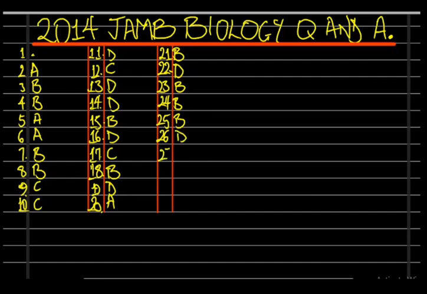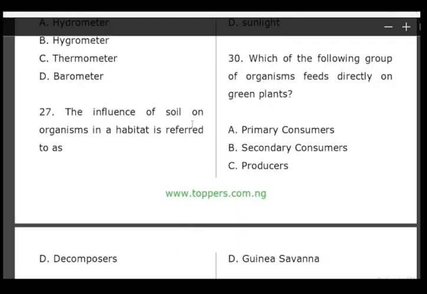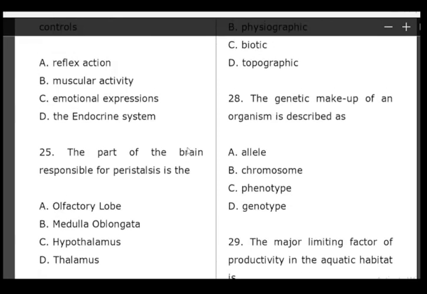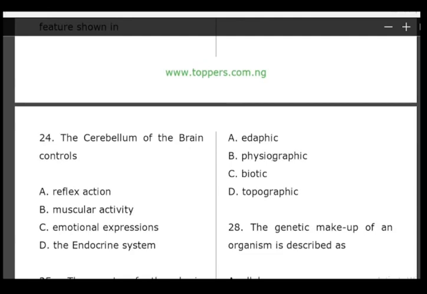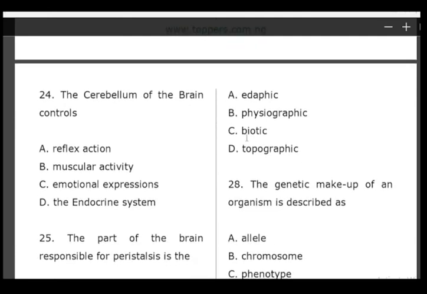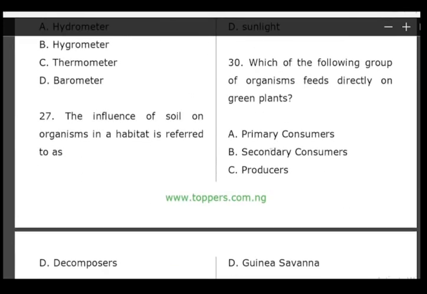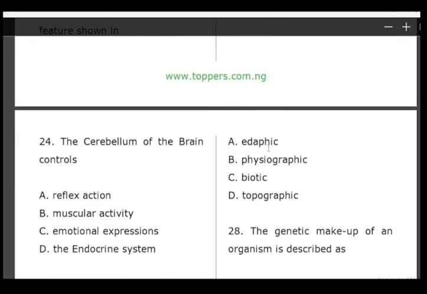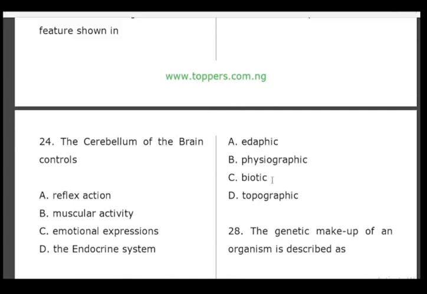And then we move to question 27. The influence of soil on organisms in a habitat is referred to as A. Edaphic factor, B. Physiographic factor, C. Biotic factor, and D. Topographic factor. Whenever we see the word soil here, soil has everything to do with edaphic. So this particular question is talking about none other than the edaphic. It is not the physiographic, it is not biotic, because biotic talks about living things.